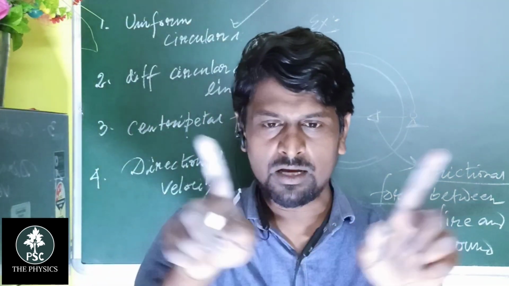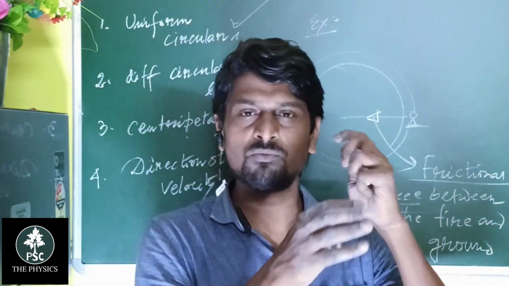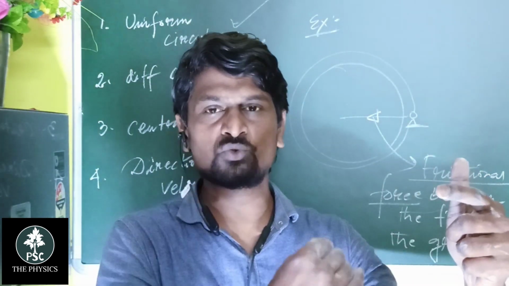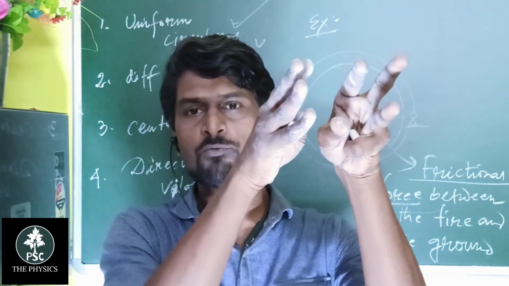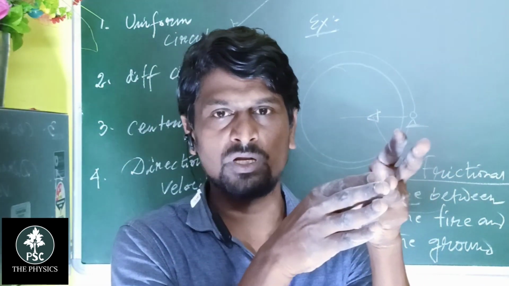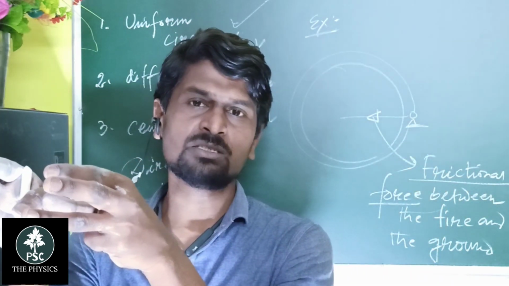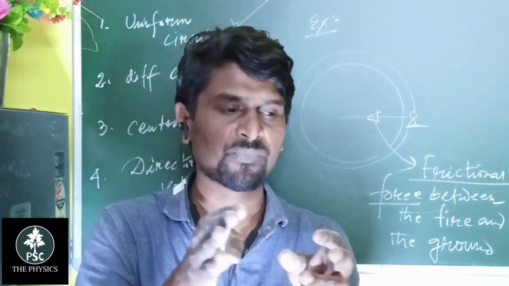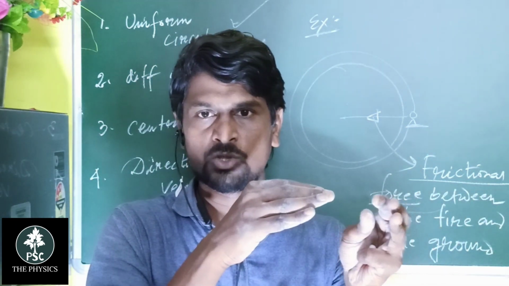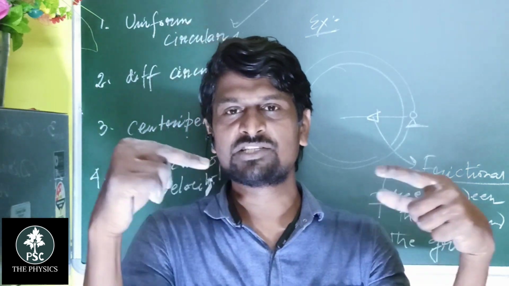So students, you can write a table. First of all, take 1, 2, 3, 4: the centripetal force, what type of force, and an example. Suppose earth revolves around the sun, so the centripetal force is gravitational force. In a merry-go-round, the centripetal force is the tension force.